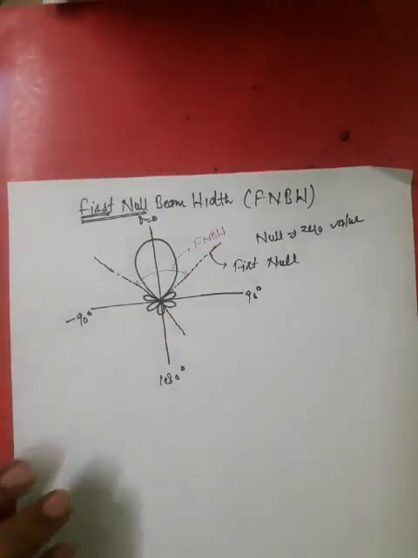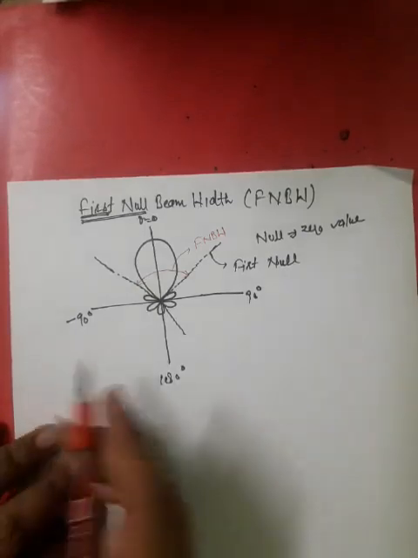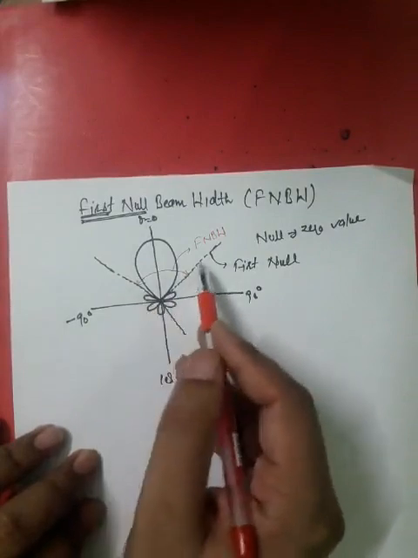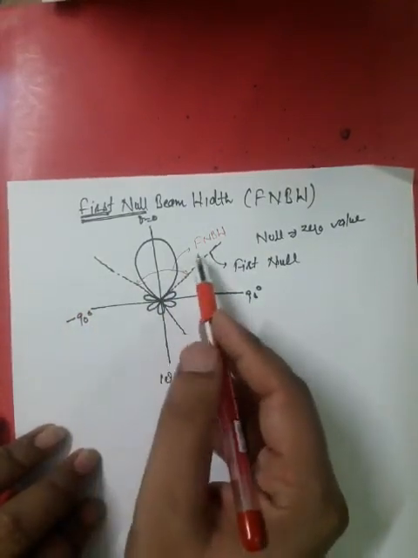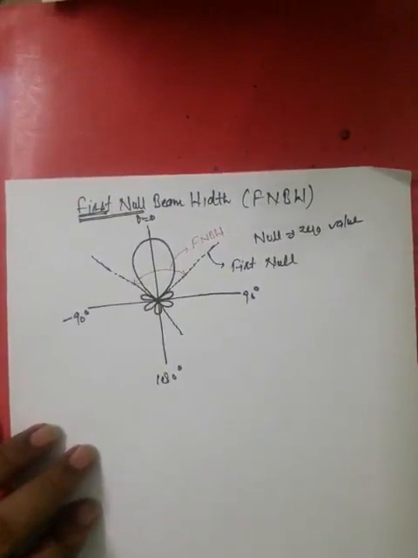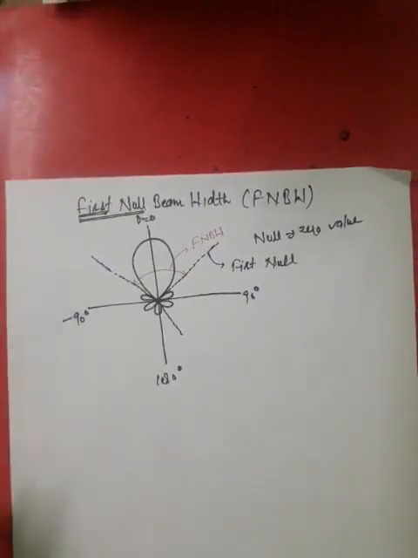It is very easy: where the radiation pattern first becomes 0. But in antenna theory, the most important point is the half power beam width rather than the first null beam width.